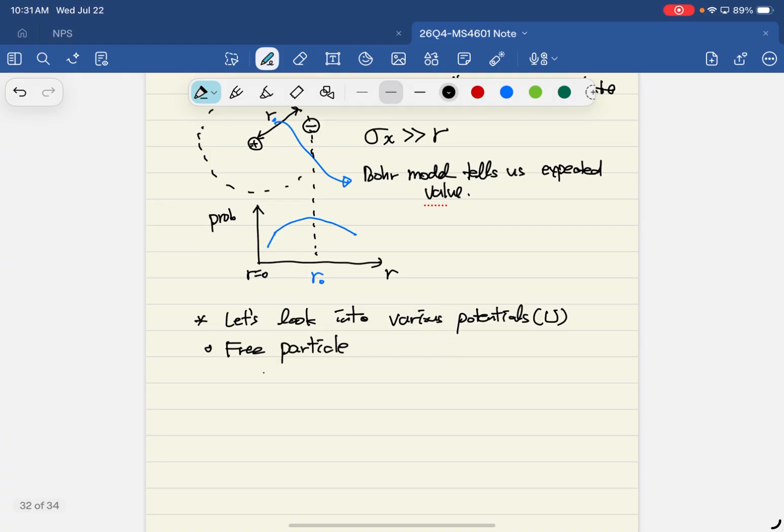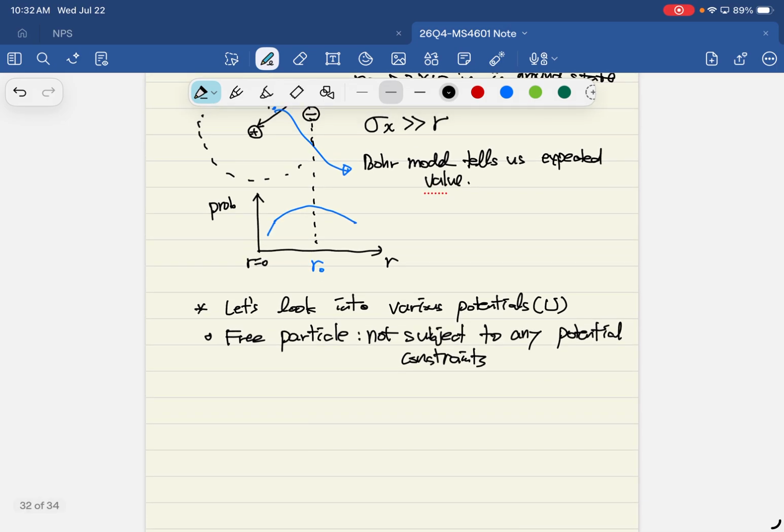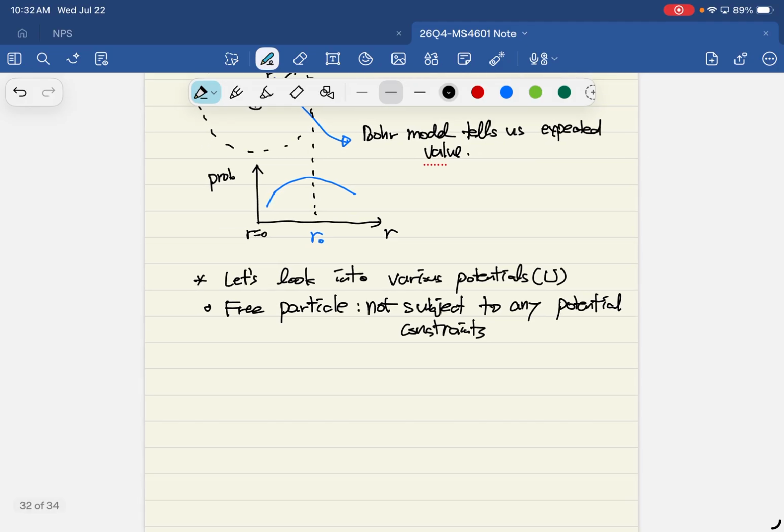What that means is that the particle is not subject to any potential constraints. Nothing is blocking this particle. So in this sense, we have a potential barrier of 0 everywhere.